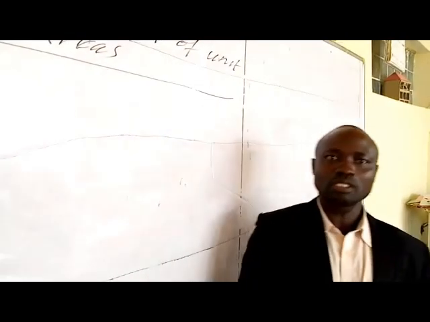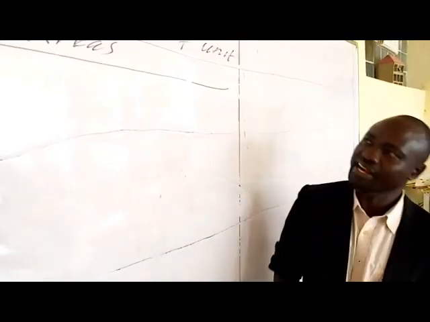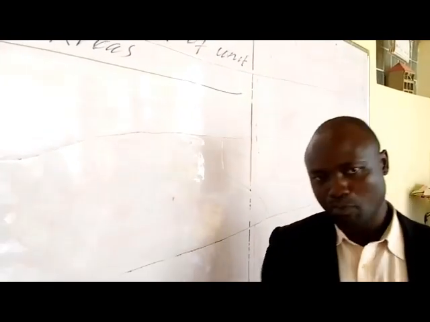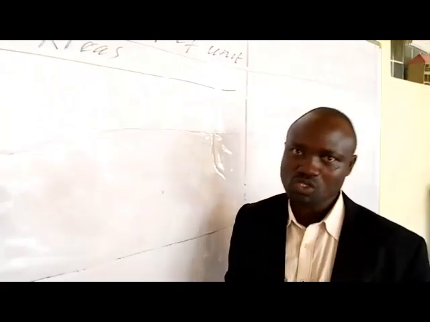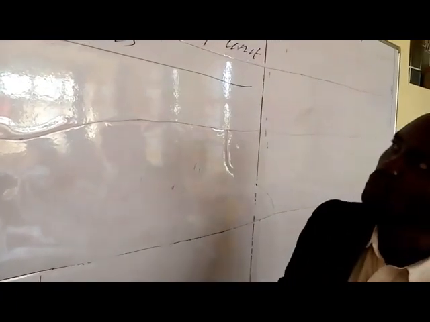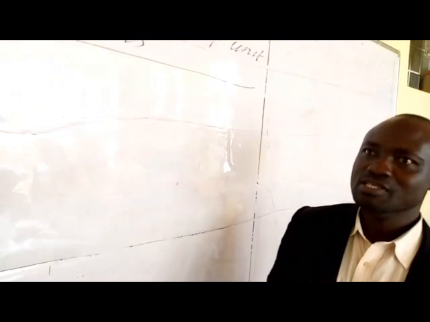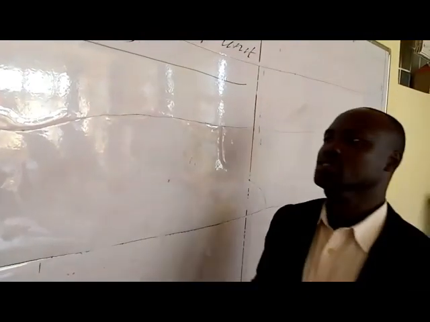Now, scale on a map shows a relationship between 2 different points. I take it again: scale shows a relationship between 2 different places, between 2 points.